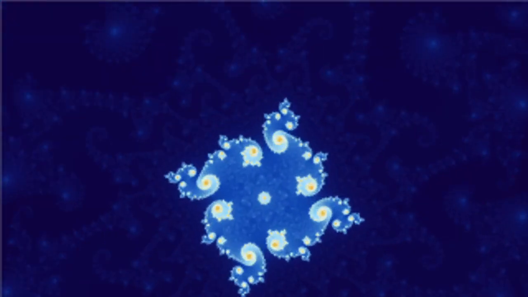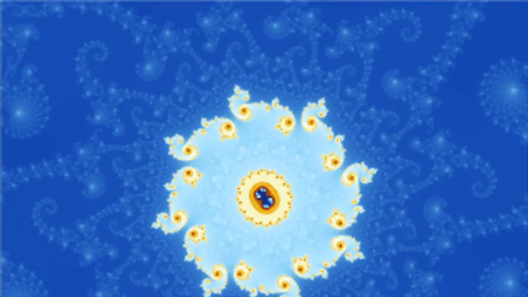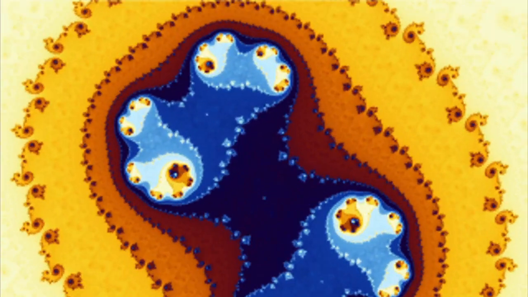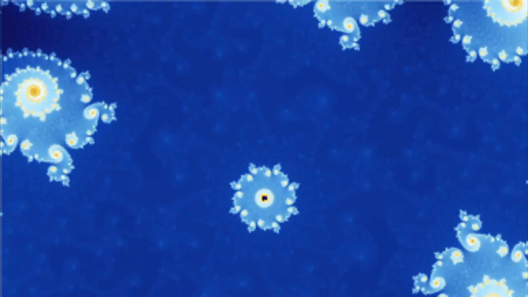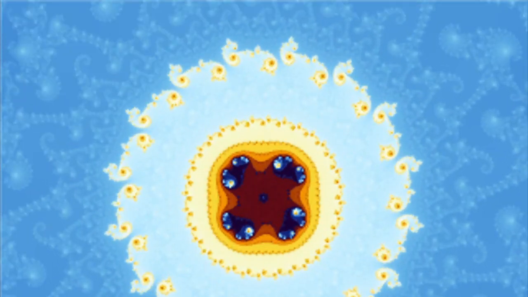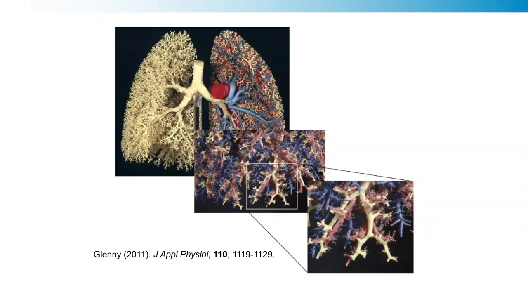And these are fractal patterns, which means that if you magnify them you get self-similar patterns, so things keep repeating themselves time and time again, and this will go on essentially forever.